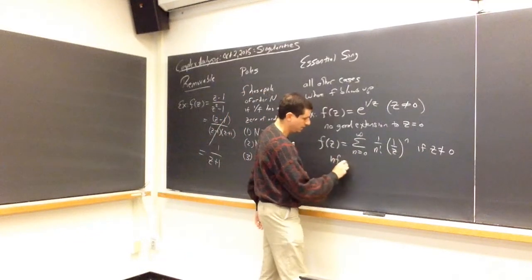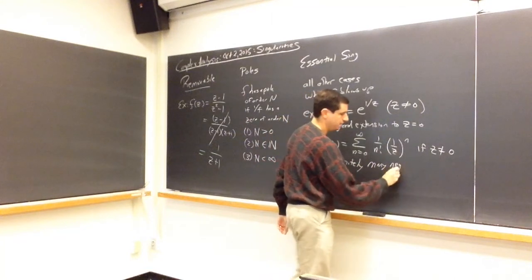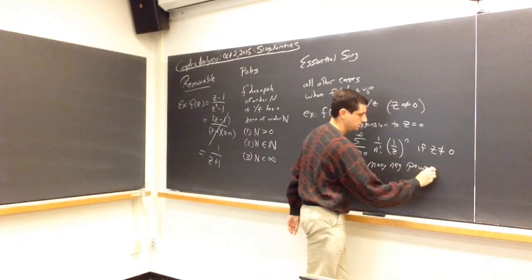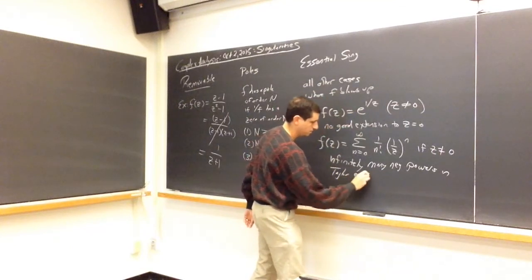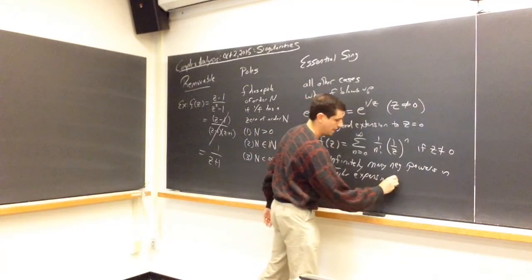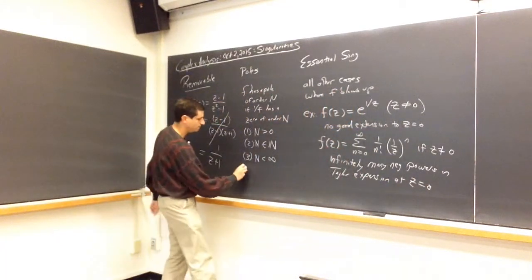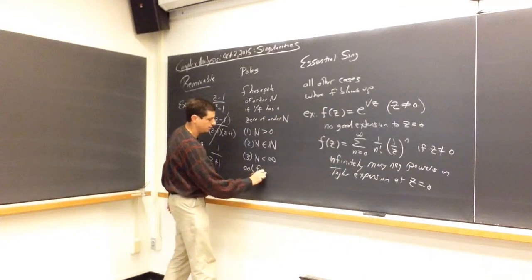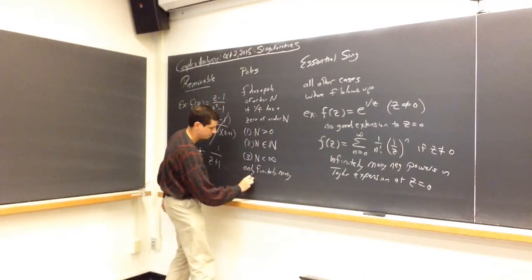So infinitely many negative powers in the expansion at z equals 0. And here, only finitely many negative powers.